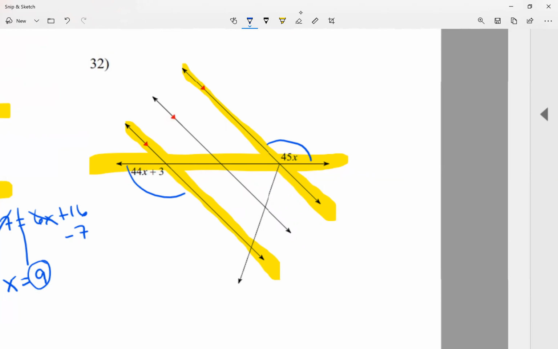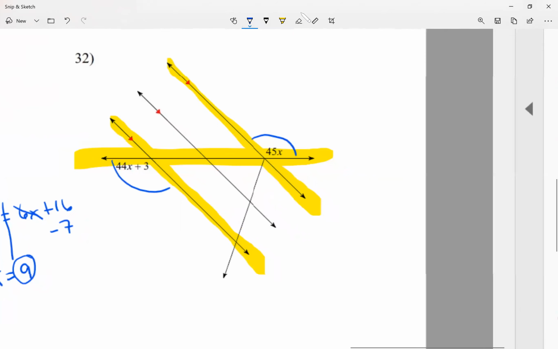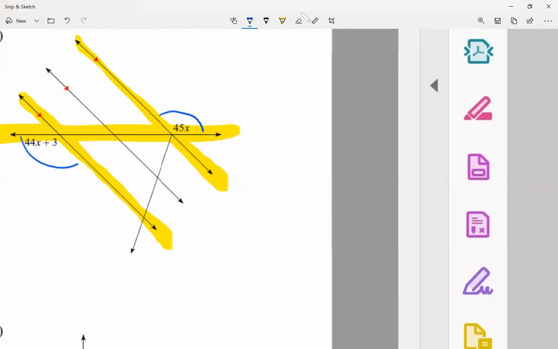They're on opposite sides of the transversal, right? My lines are actually rotated a little. So the angles that I'm looking at, one of them is on one side of the transversal, the other one on the other side. And these are actually exterior, so alternate exterior. So I know these angles are congruent, so they're equal.